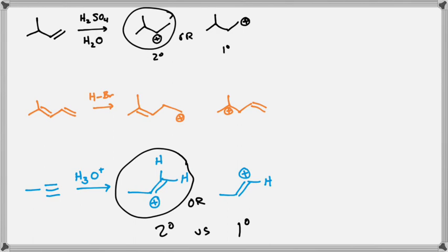There's four, depending on which pi bond you react, and now the regiochemistry, where you're placing the hydrogen. So what we're looking at in each of these scenarios is regiochemistry. Where do I place the hydrogen? That's a regiochemical analysis. We're talking about the hydrogen because the hydrogen is the acid. It's the strongest active thing. We want to react that with the pi bond.